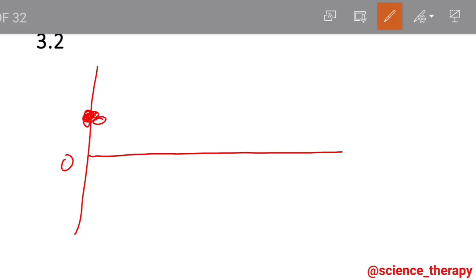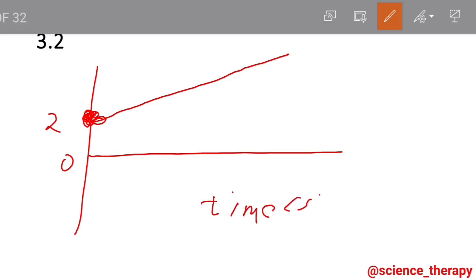So the velocity here for ball A is 2, so we can indicate that one. But then remember this is time in seconds and this is velocity in meters per second, right? So you can just indicate that.